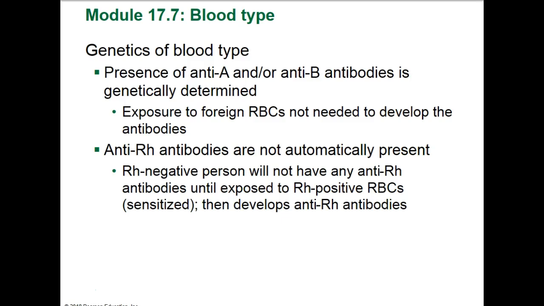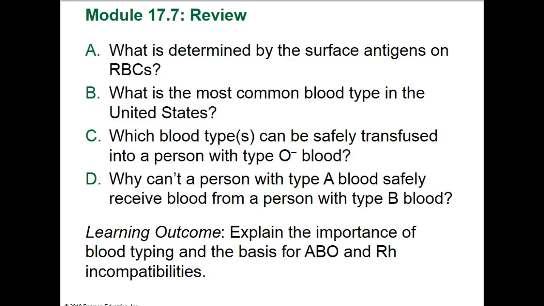So you don't have to be exposed to the A or B the first time to react against it a second time. You will react immediately the first time. Rh factor, you wouldn't react the first time, but the second time you would. So an Rh negative person will not have any anti-Rh antibodies until they're exposed to an Rh positive and sensitized.